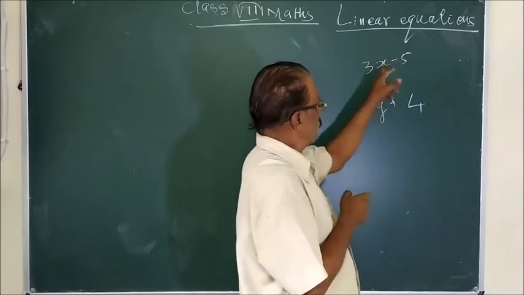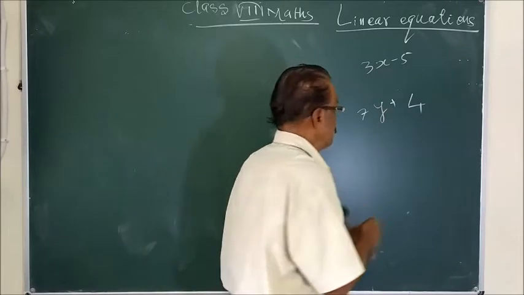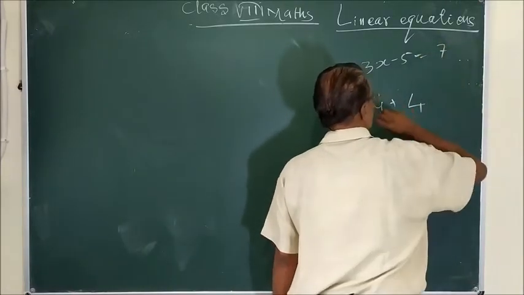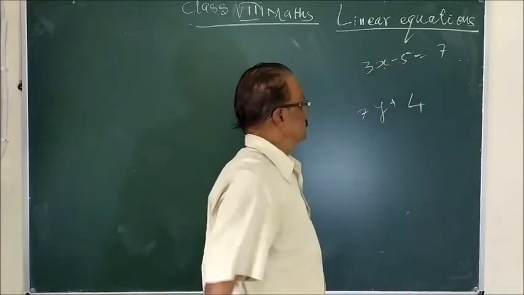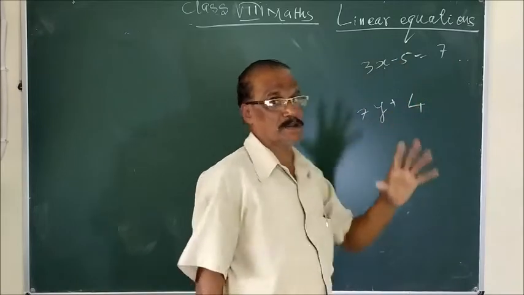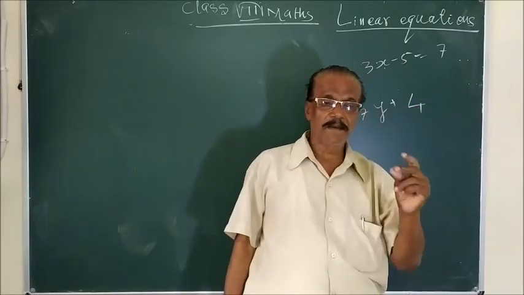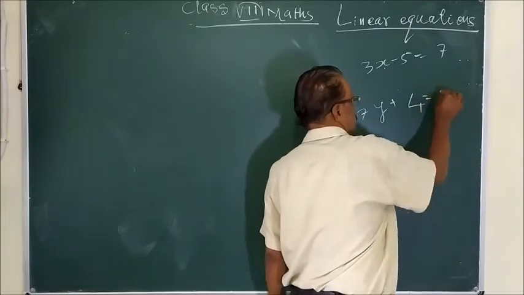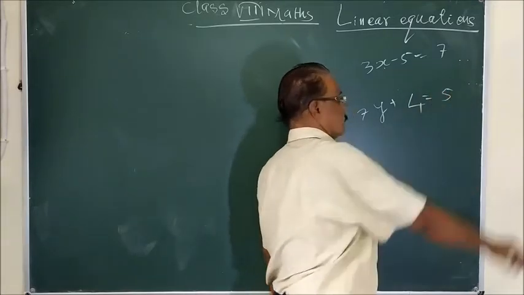So these are algebraic expressions. If I say this is equal to 7, this means the condition 3x minus 5 is equal to 7. That becomes an equation.